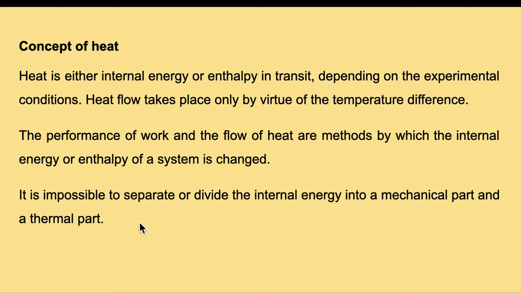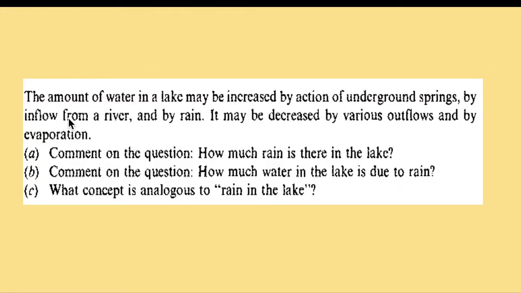And as an example for this, you may consider a problem like this. The amount of water in a lake may be increased by action of underground springs, by inflow from a river, and by rain.